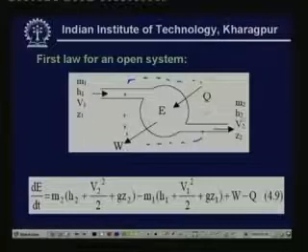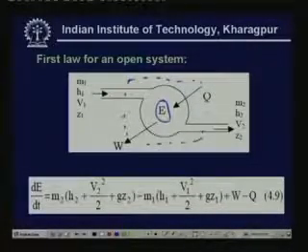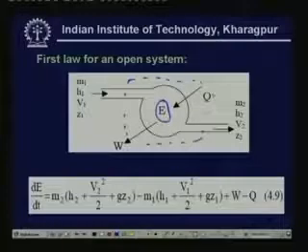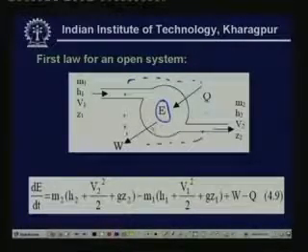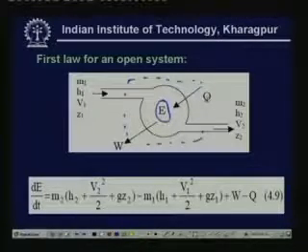It is leaving the control volume at a mass flow rate of m2 with an enthalpy of h2, a velocity of v2 and a datum head of z2. E is the energy of the control volume, Q is the rate of heat transfer into the system, and W is the rate of work transfer.